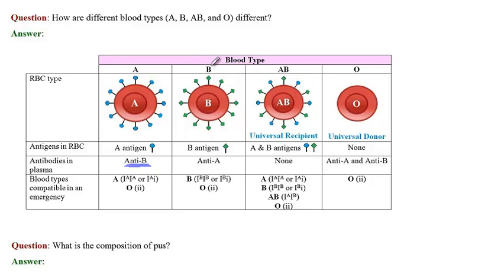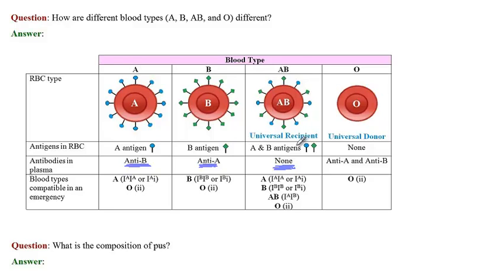Same with blood type B. Patients with blood type B, since they have B antigen on their cell surface, they would not make any antibody against this antigen, but they would make antibody against A antigen. So you cannot transfuse someone with blood type B with either blood type A or AB. Now, what happens if someone has blood type AB, meaning that there is both A and B antigen? Consequently, these people will have no antibody that is being formed.